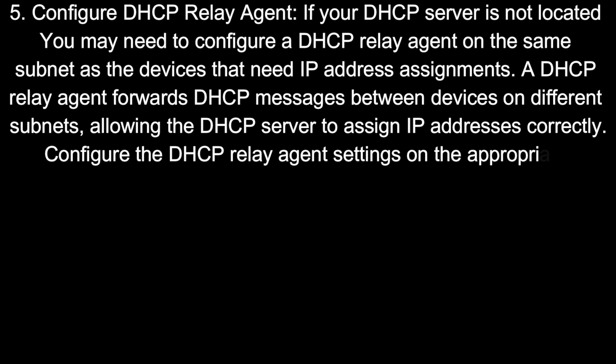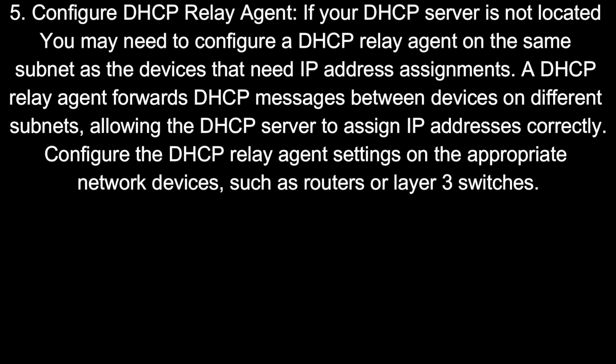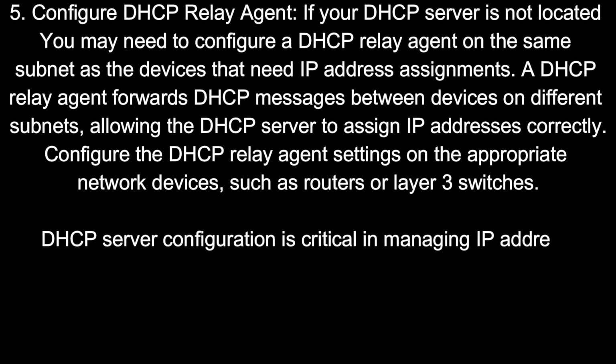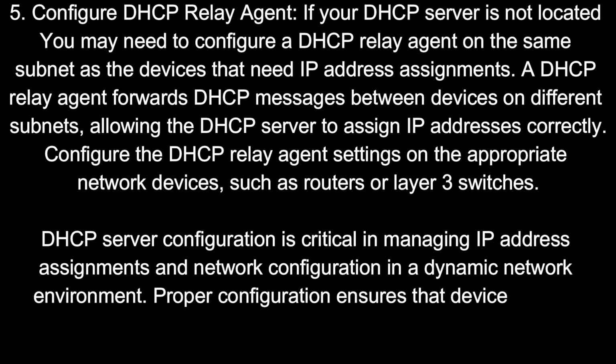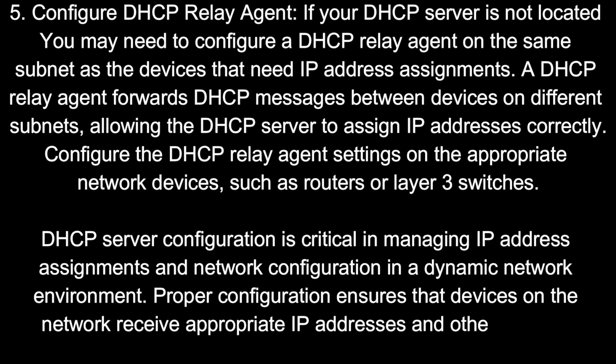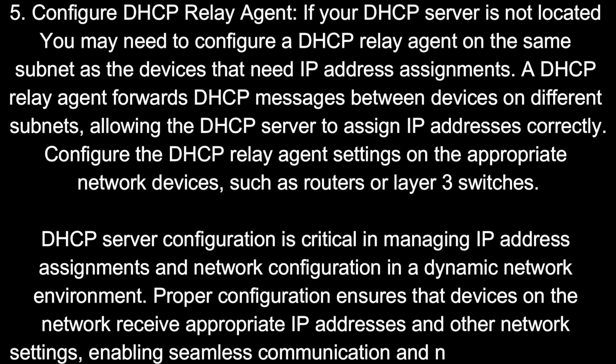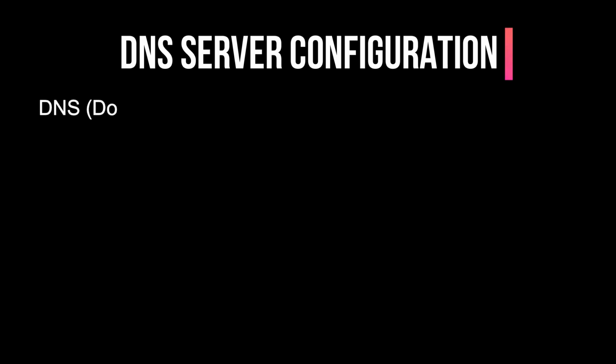Configure the DHCP relay agent settings on the appropriate network devices, such as routers or Layer 3 switches. DHCP server configuration is a critical task in managing IP address assignments and network configuration in a dynamic network environment. Proper configuration ensures that devices on the network receive appropriate IP addresses and other network settings, enabling seamless communication and network operations.